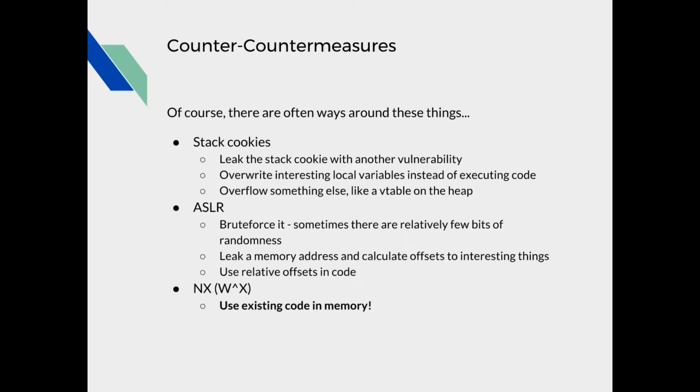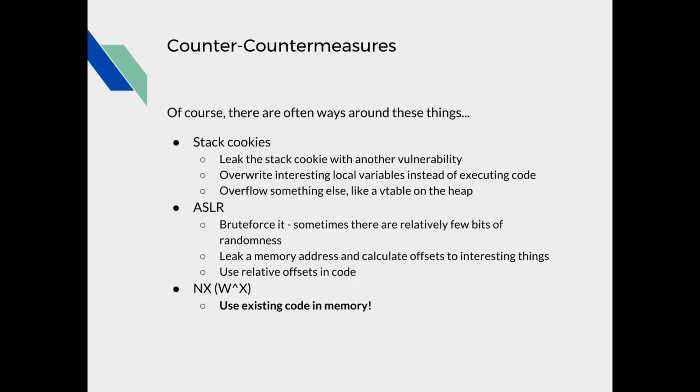You can also, like with defeating stack cookies, leak a memory address, and if you know what that value is, you can calculate an offset to something you want to work with. Or in your code, you can use relative offsets. If you can get code execution, then your code can just have relative jumps and relative calls. Instead of saying it's at this address, say it's 20 bytes from the current address.